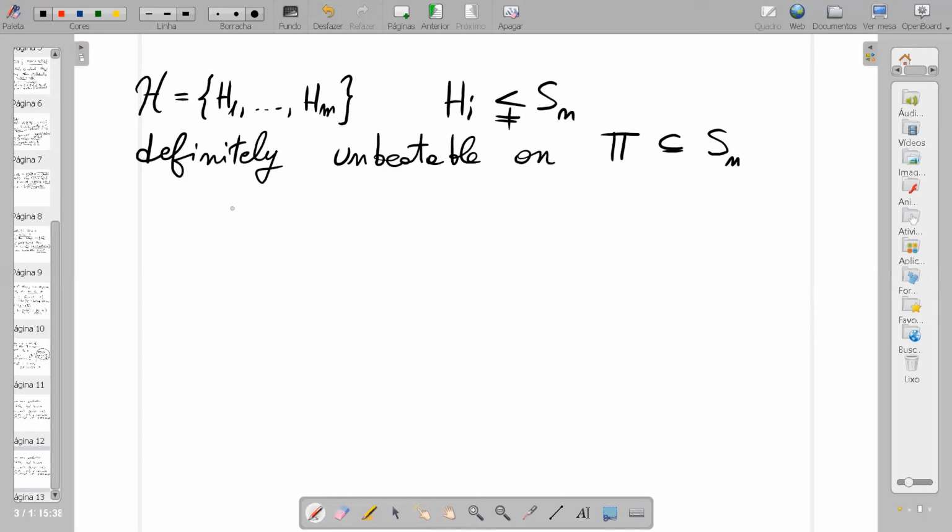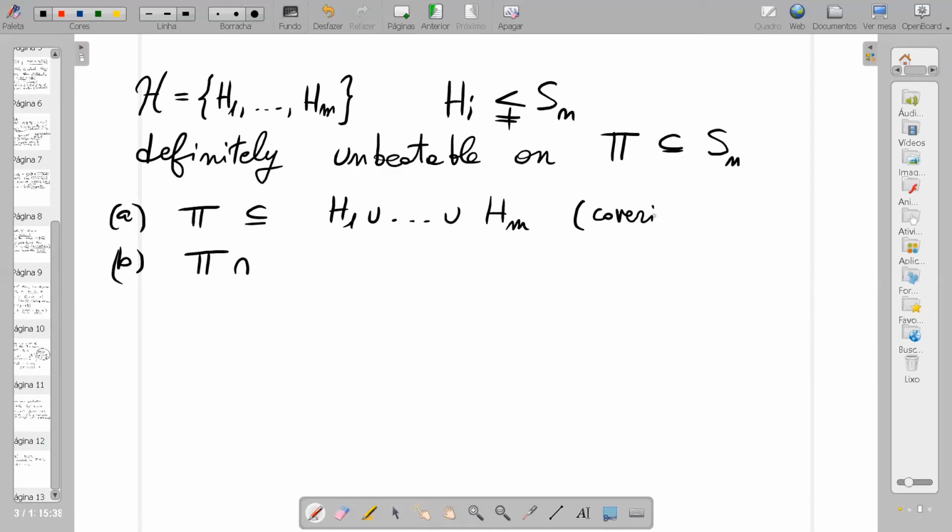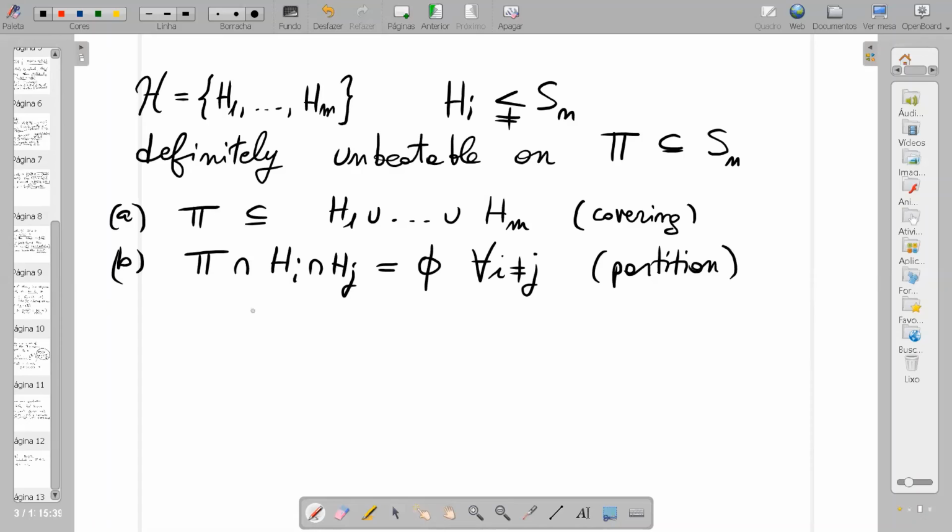Remember, in this case it's a set of primary elements. You have the following conditions. A: pi is contained in H1 union ... union Hn, so this is a covering condition. B: if you take the intersection of two of them, Hi and Hj, it will have empty intersection with pi for every i different from j. This is a kind of partition condition.